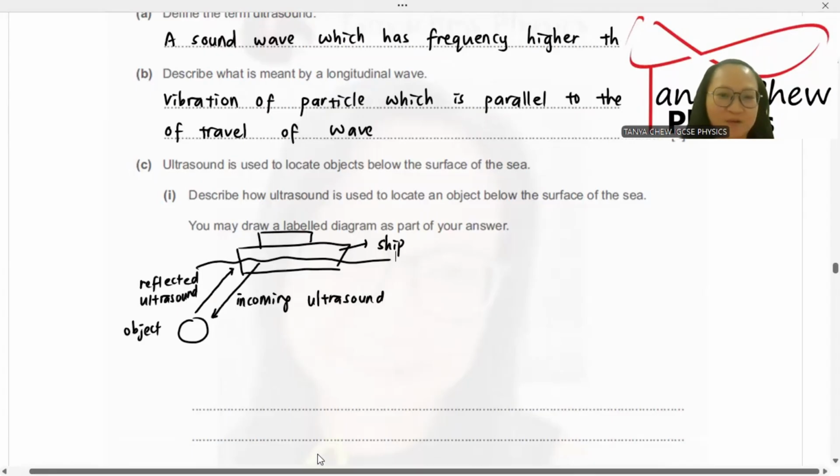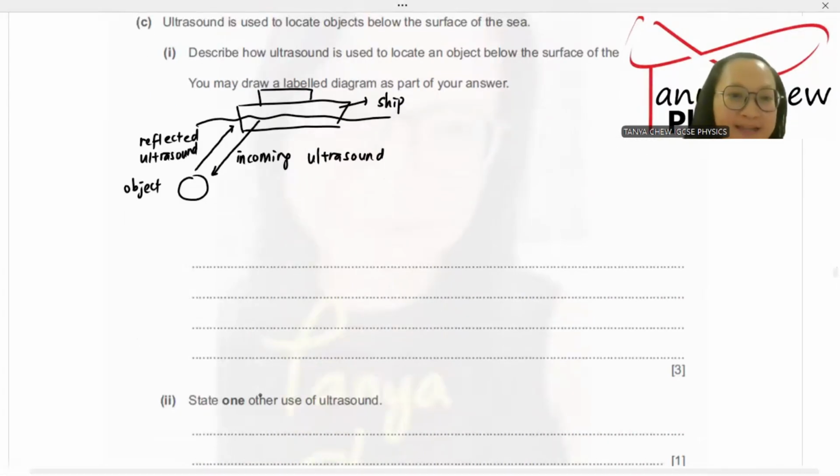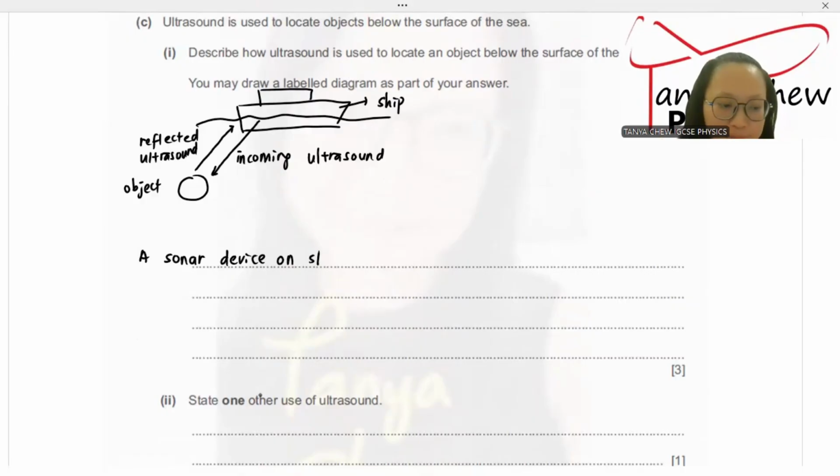This is a ship. I would say that there's a device, we call it a sonar device, on the ship, installed on the ship, which sends out ultrasound into the sea.